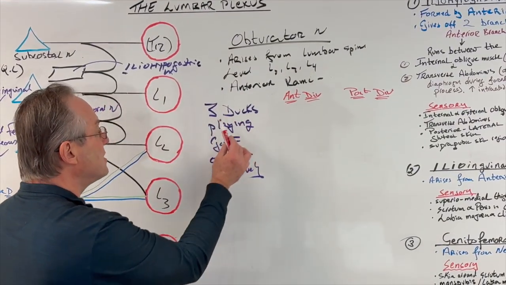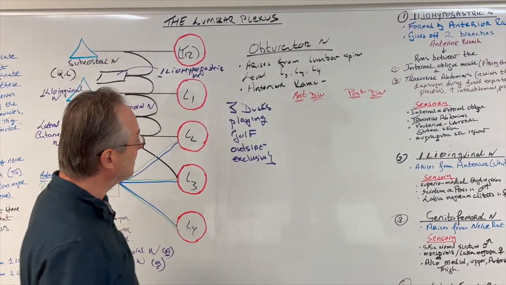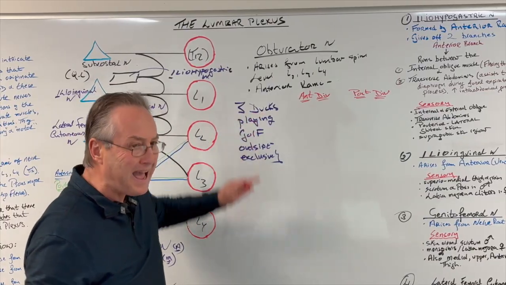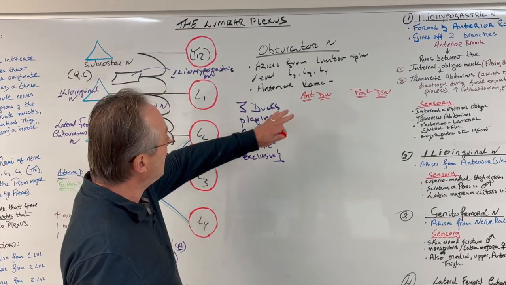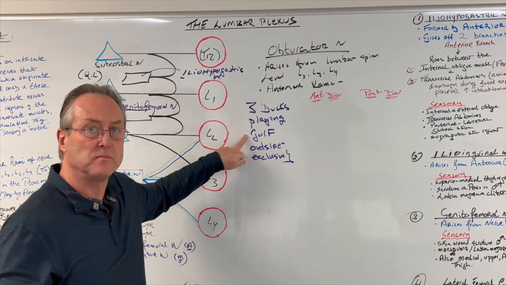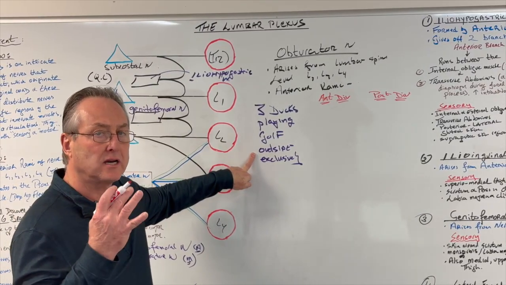So the 3 ducks playing golf outside exclusively, what does that mean? Well, these are your adductors, hence ducts. So the P is going to be for pectineus, the G is going to be gracilis, and outside exclusively is your obturator externus.